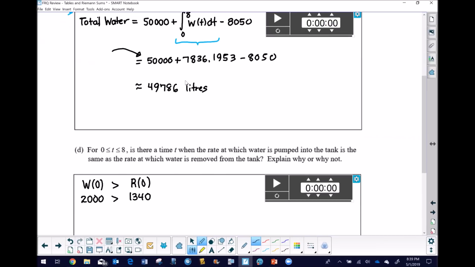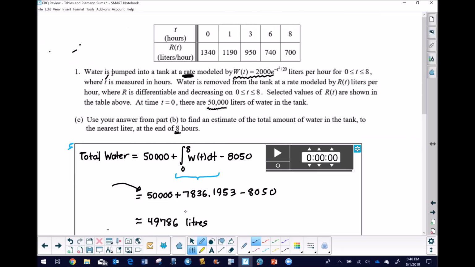But then something might happen later on that changes that. And if you think about this a little bit, we could think, okay, maybe something drastic is happening way down here at the end. So maybe we could compare what's happening with W of 8 and R of 8. All right, so when we do this, and there's a variety of ways this can take place, obviously if we just look at the graph, maybe we do the R of 8 first, we can see that we get 700.